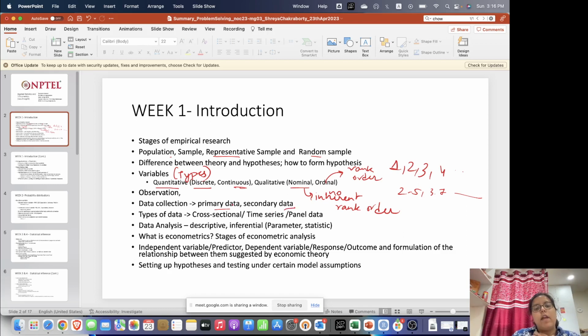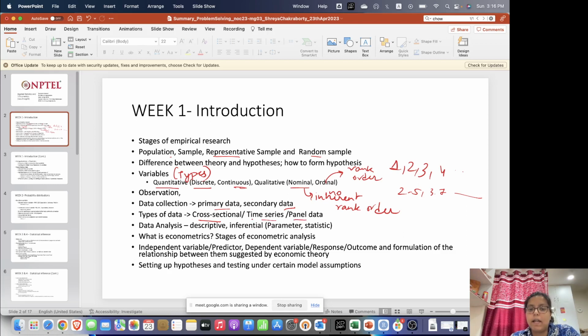For example, if every year we go for a census, then the census is primary data collection. Now if over the years I want to look at the census data and do some analysis, then I would be working with secondary data. Then we learnt about types of data: cross-sectional, time series or panel.